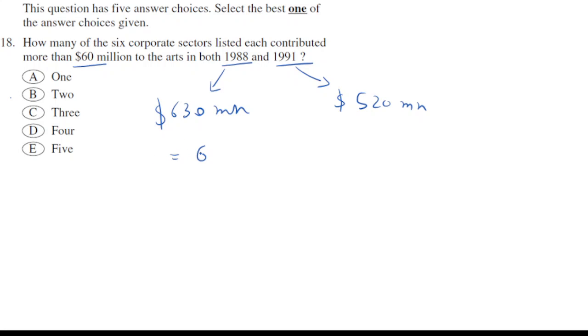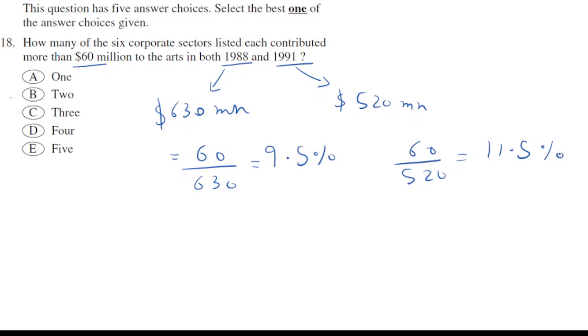So essentially what we need to do is divide 60 by 630 and we will get around 9.5%. And then when we do it for the second year, which is 1991, we get 60 by 520 equal to 11.5%.